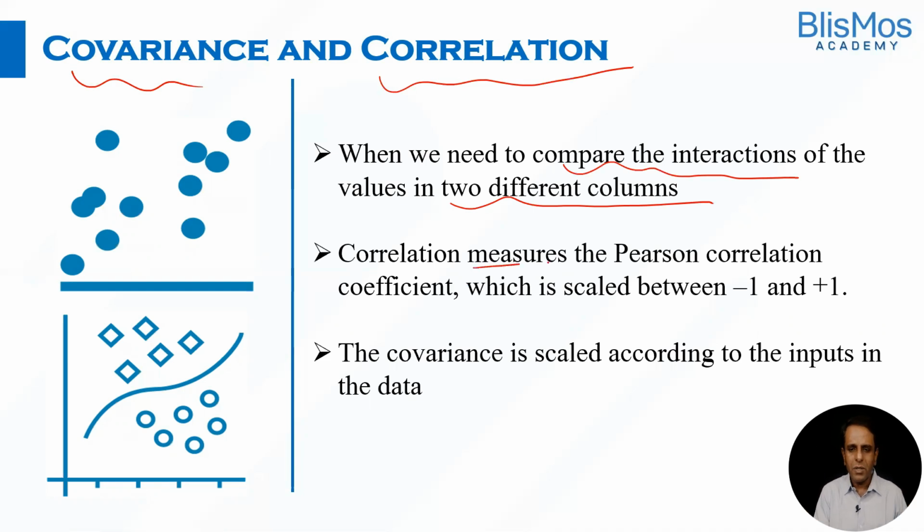Correlation measures the Pearson correlation coefficient, which is measured between -1 and +1. The covariance is scaled according to the inputs in the data.